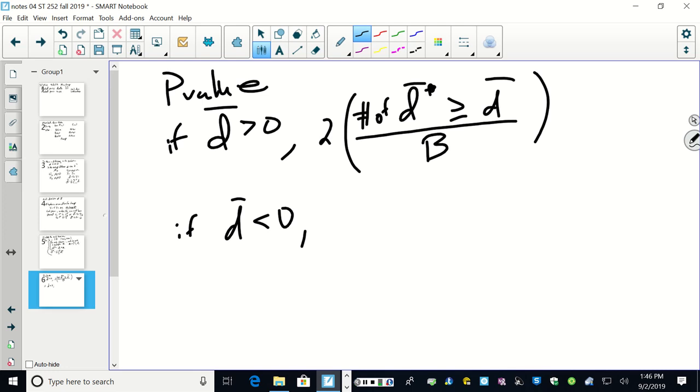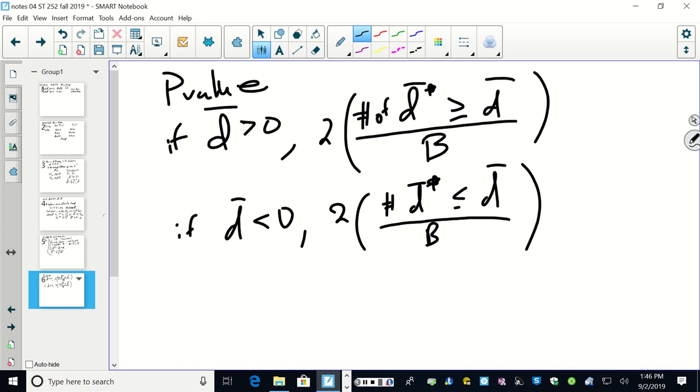Or errors: you're counting the number of errors made over time, and you put in some quality improvement process, you'd hope it goes down. So if our observed is less, then we take the number of the d bar stars that we simulate that are less than or equal to our observed d bar, divided by the number of times we simulated. And again, two-sided, we would double that as a p-value.